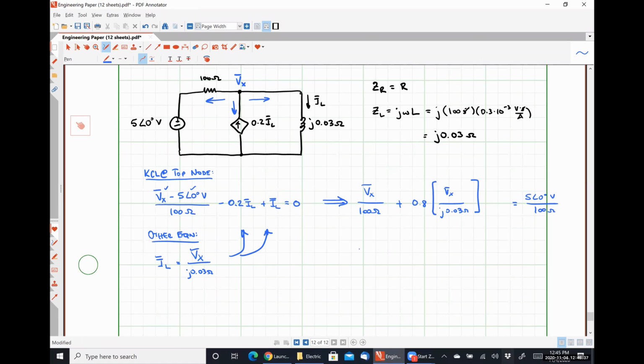And so I can say that Vx, let's do this in two steps so I don't confuse anybody, 1 over 100 plus 0.8 over j0.03 is equal to 5 angle 0 divided by 100. So what's 5 over 100? 0.05, right?